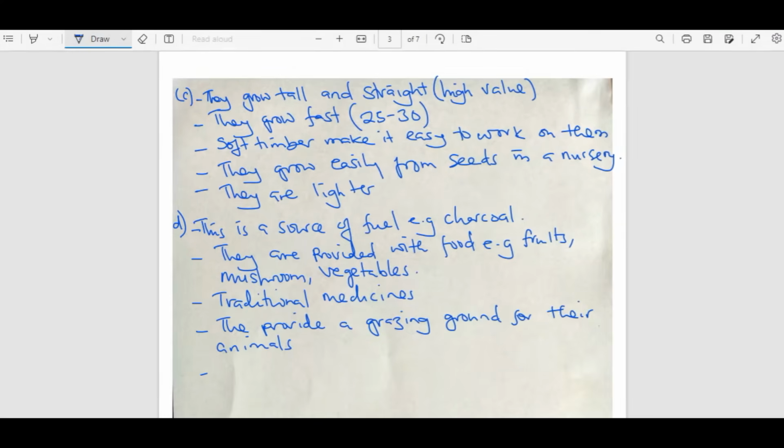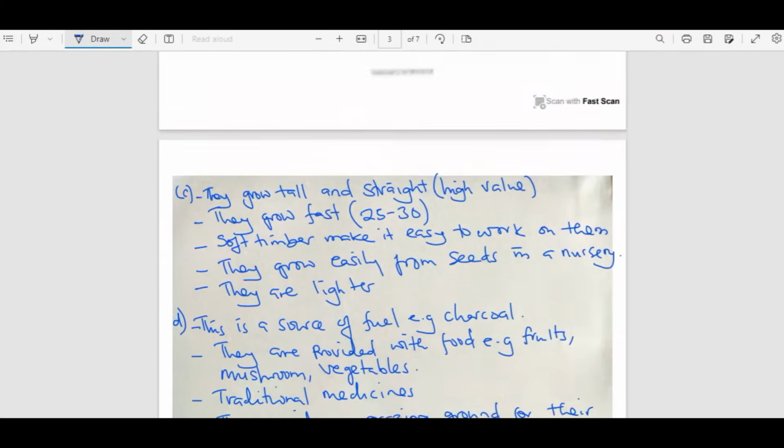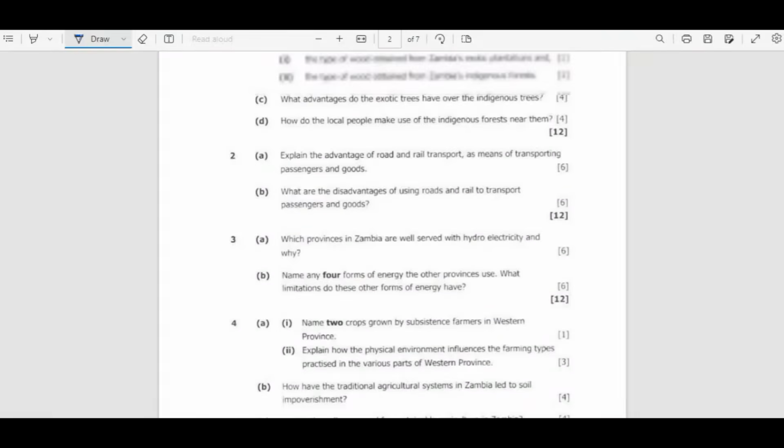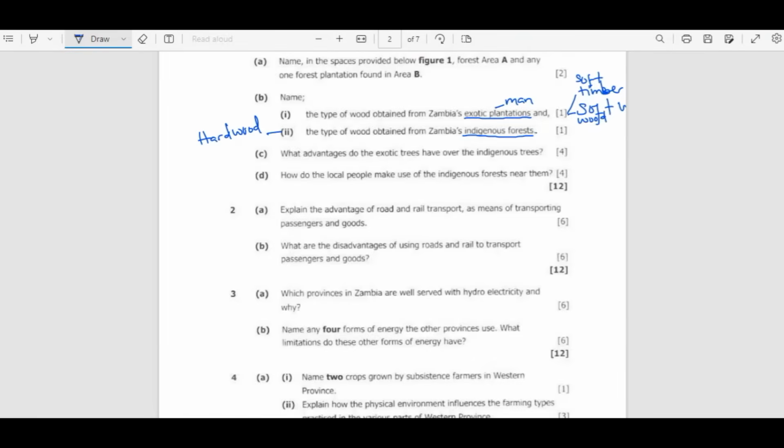And then apart from that, they contribute, they can be referred to as windbreakers. Okay, so these were the answers needed on question 1. Okay, so we can move to question 2.